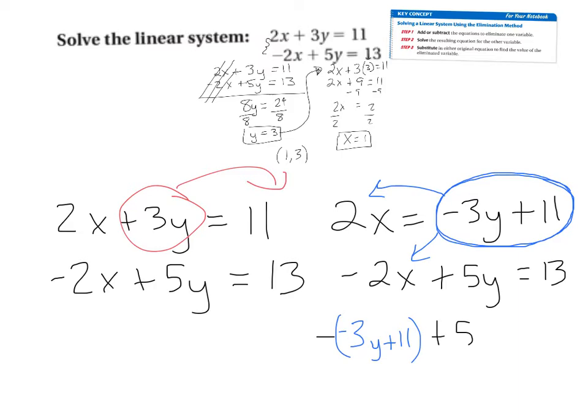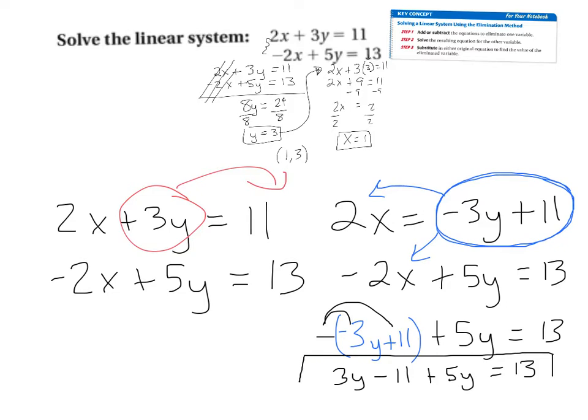You still have this 5y, and you still have 13. Negative, negative. So this changes the sign to 3y, changes this sign to negative 11. You still have 5y equals 13. And if you go through the steps to solve this, you'll end up with some of the same statements from above and actually discover that y is equal to 3.